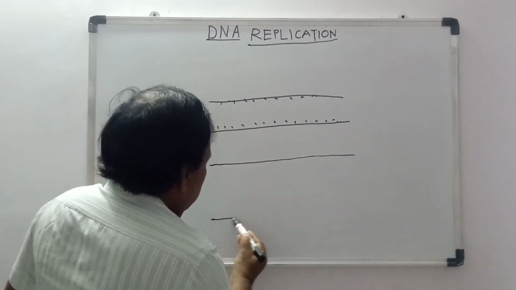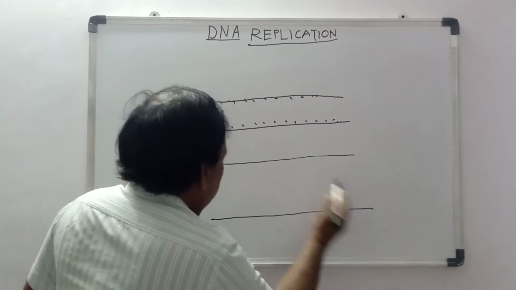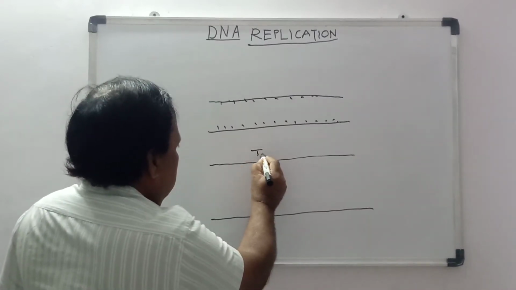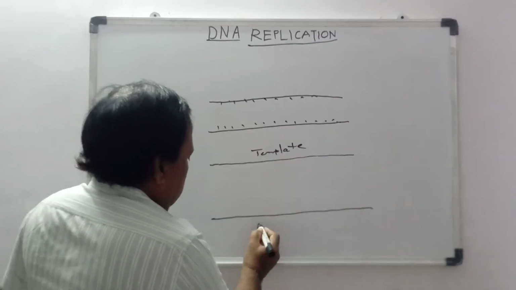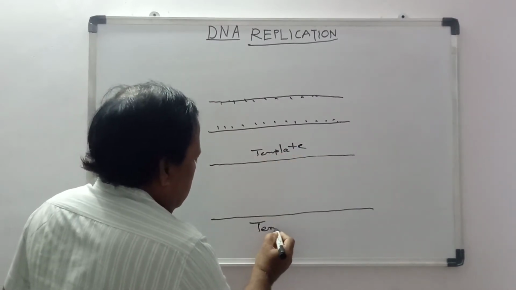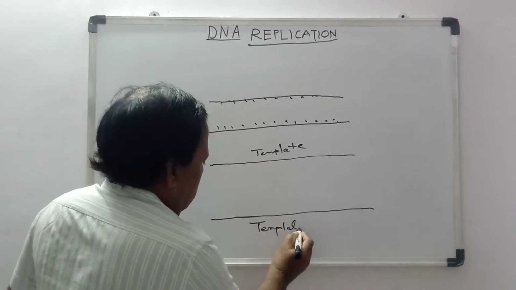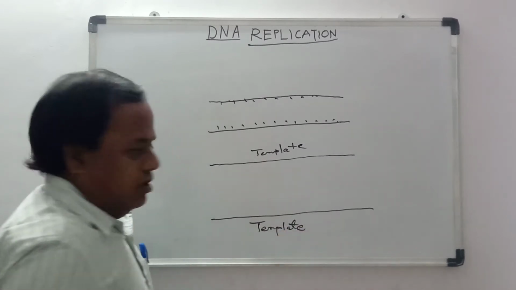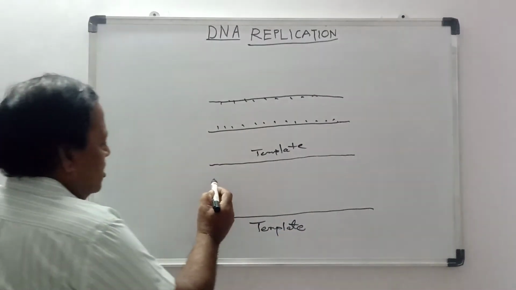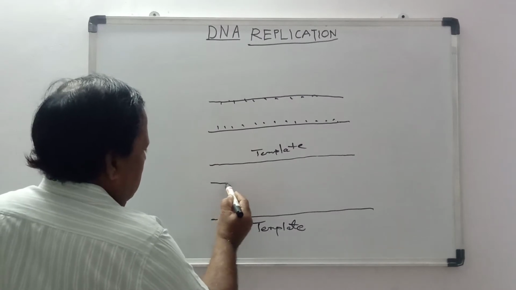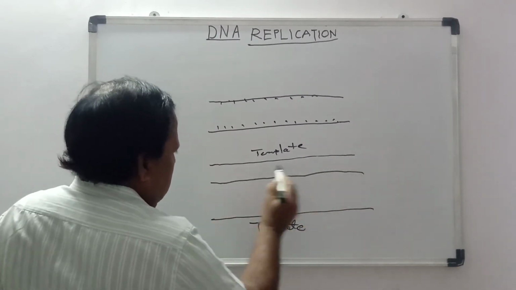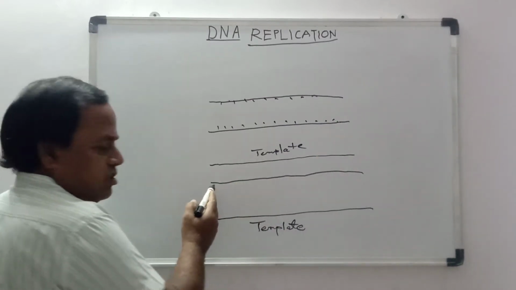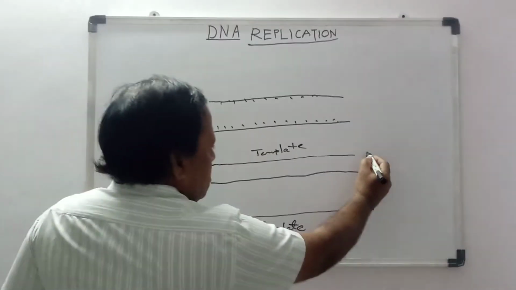This is one template. This is another template. And a new strand formation takes place here. This DNA template helps in the formation of the new strand.